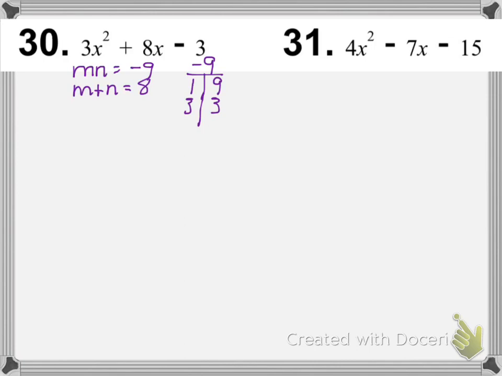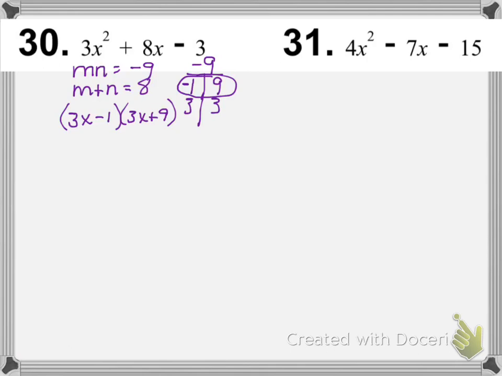All right, so we know that we have to subtract our magic numbers, and so 9 minus 1 is positive 8. And so this, we have to keep the bigger number positive. So let's do our 3x minus 1, 3x plus 9. Always, if it helps you to remember, just split up the first term.